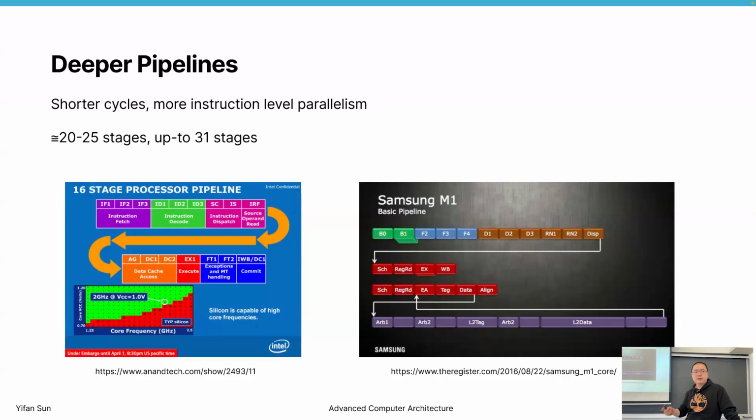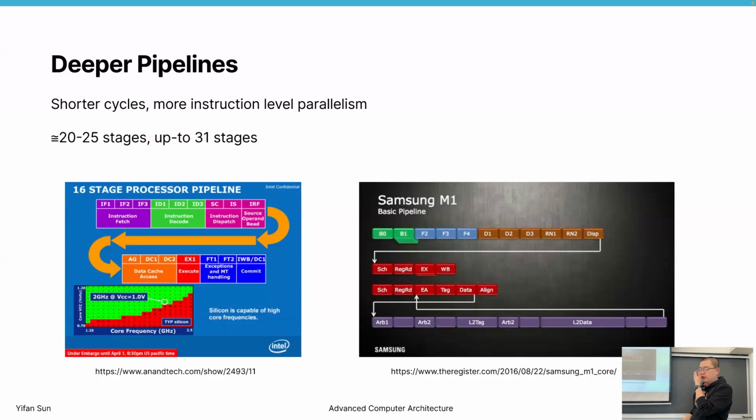Sometimes I even see more stages. CPU design can go up to 31 stages. I think the record is in the pre-Core era, Core being an Intel trademark, right? In the pre-Core era, when Intel was pursuing higher and higher clock frequency, it went up to 31 stages.